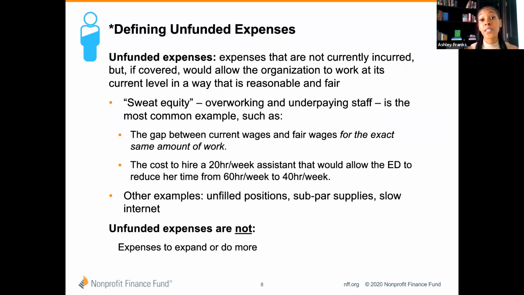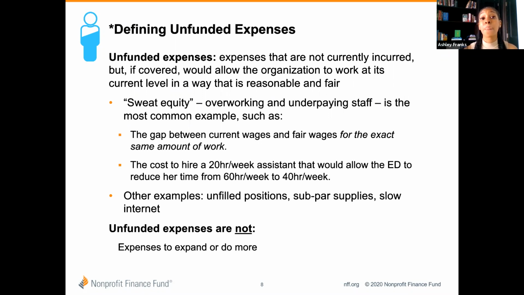So what unfunded expenses are not are expenses to expand or do more. The example we just went over does not assume that if the assistant were hired, that the ED would continue to work 60 hours a week to push out even more, or that the ED would only take her hours down to 50 instead of 60.